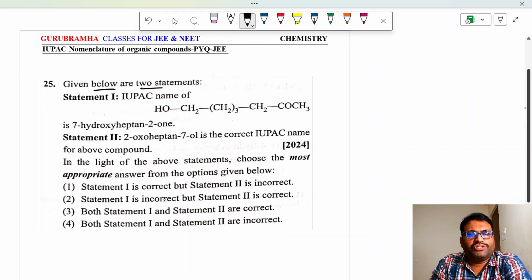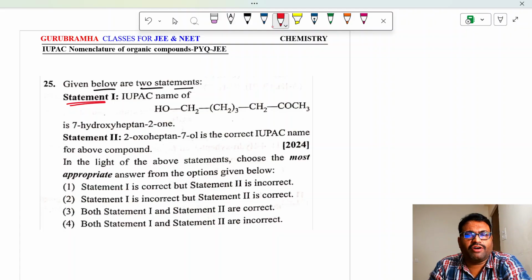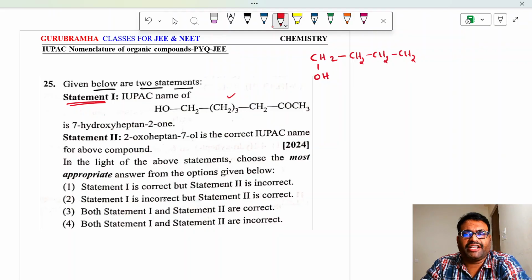Given below are two statements. The first statement is the IUPAC name of this compound is given. If you rewrite this compound: CH2, OH, next CH2, CH2, CH2. Here CH2 is given 3 times.